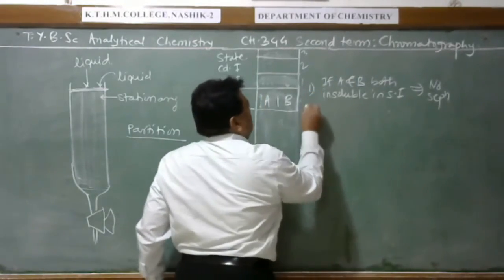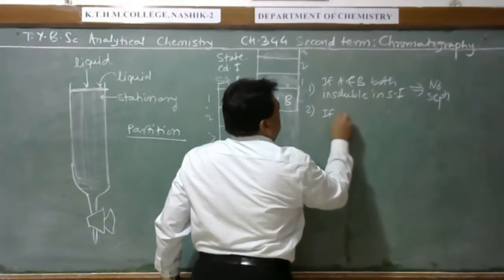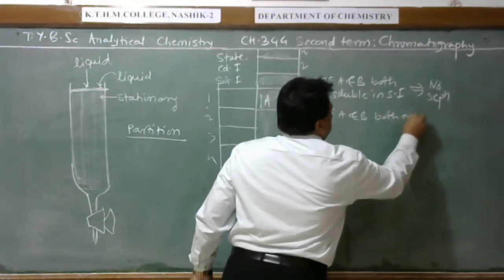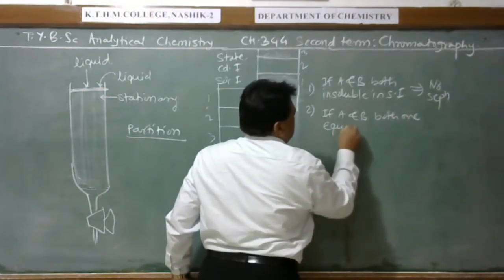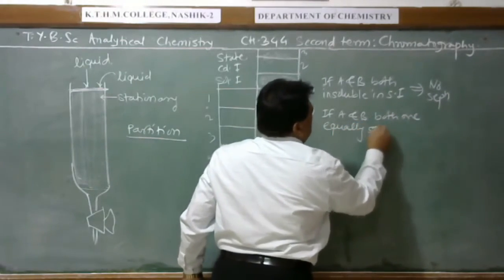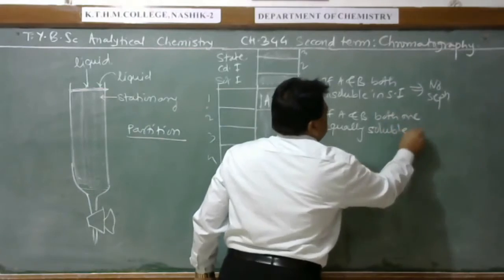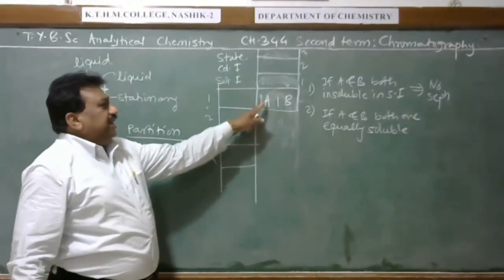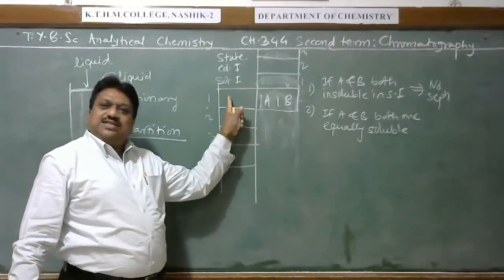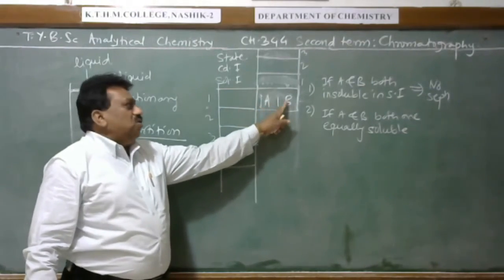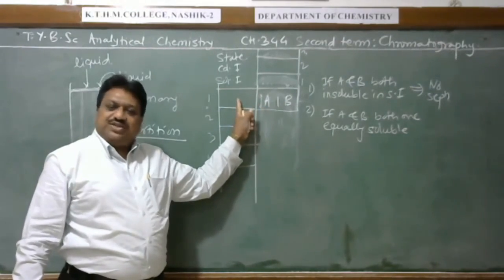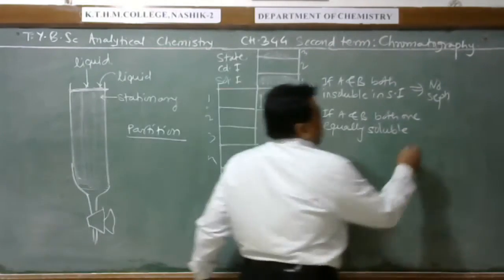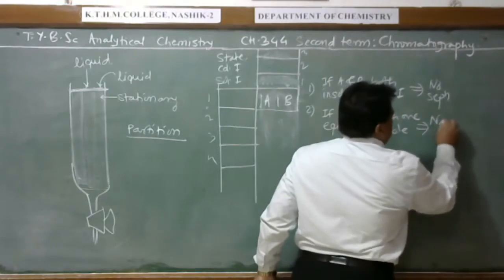Second condition is that if A and B both are equally soluble in both solvents, means stationary phase solvent and mobile phase solvent, at that time whatever A is dissolved into this stationary phase, same amount of B is also dissolved into this stationary phase. That means here again separation is not possible.